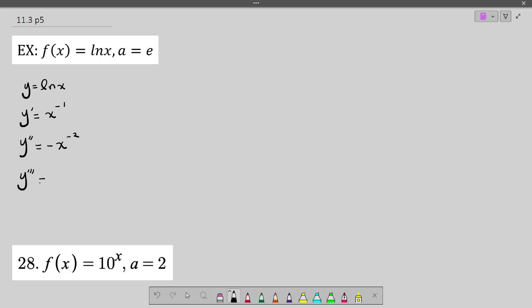Most of us find it easiest if you have an exponent instead of a quotient. And then we have to evaluate the function and its derivatives at the center. The center here is given to be e.